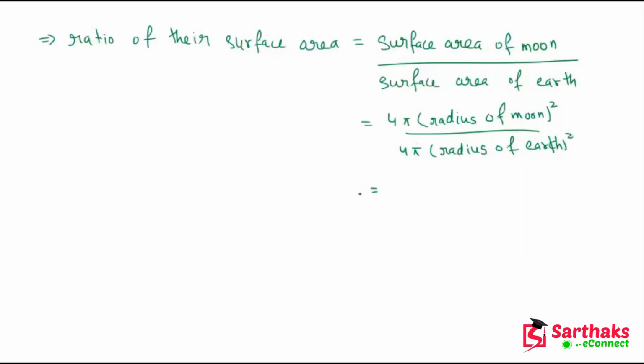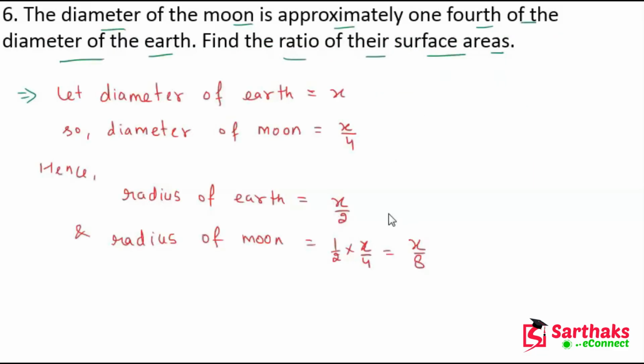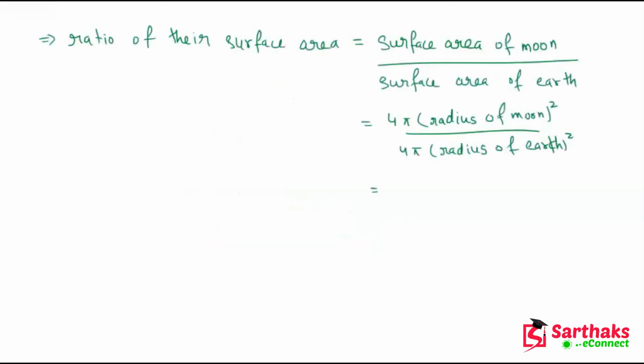We know that the radius of moon is x upon 8, and here we can cancel 4 pi. So x upon 8 whole square divided by the radius of earth, x upon 2, whole square.